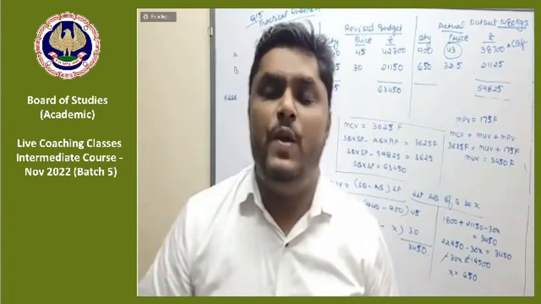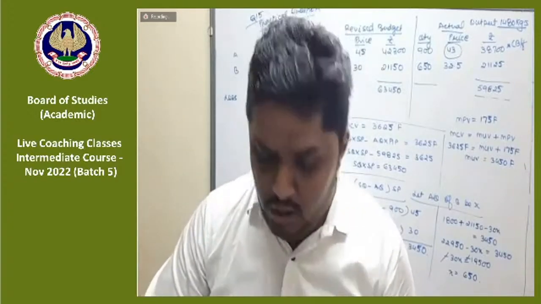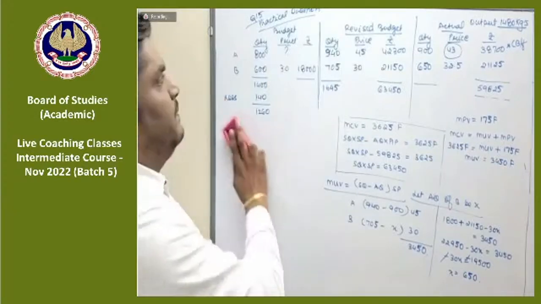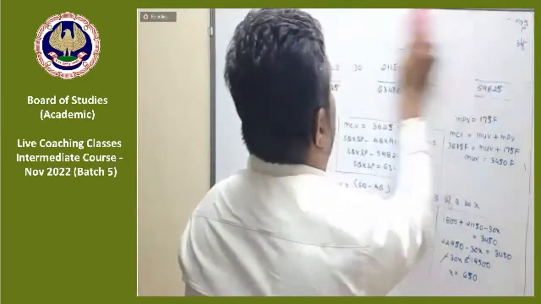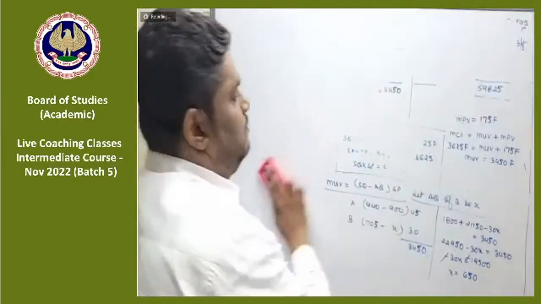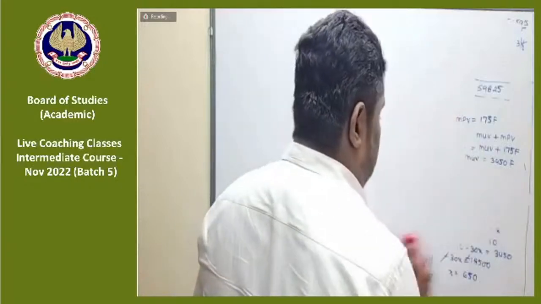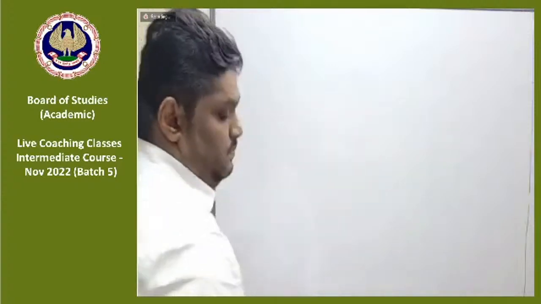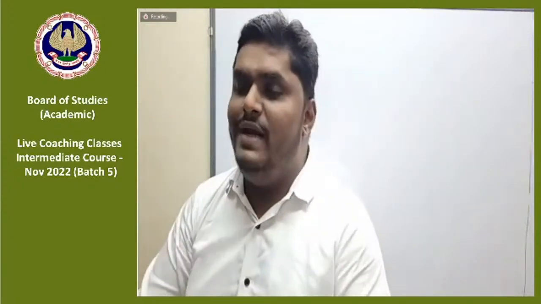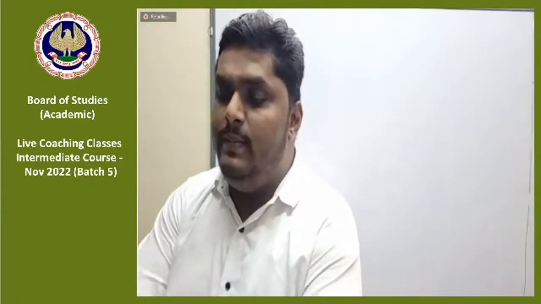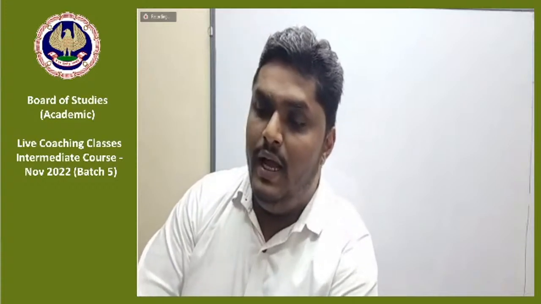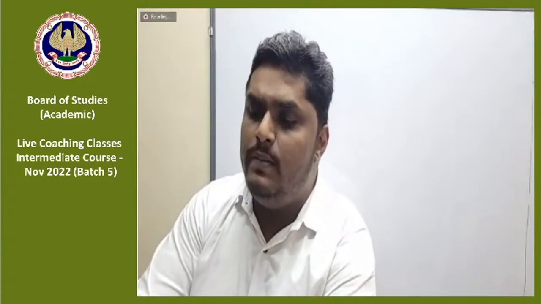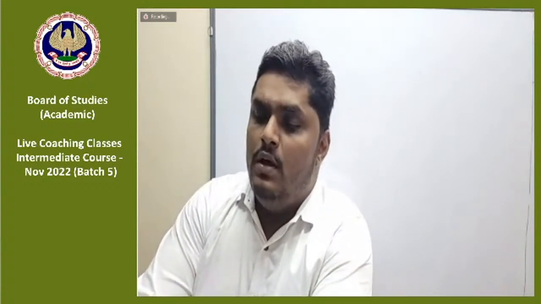Okay, there is a query from Sneha Anand. Sir, please solve illustration number 12. So let's start with illustration number 12 of study material. I'm discussing illustration number 12, page number 13.44. The overhead expense budget for a factory to a capacity of 200 unit per month is as follows.